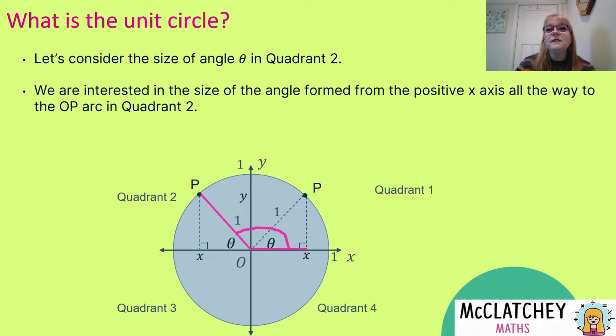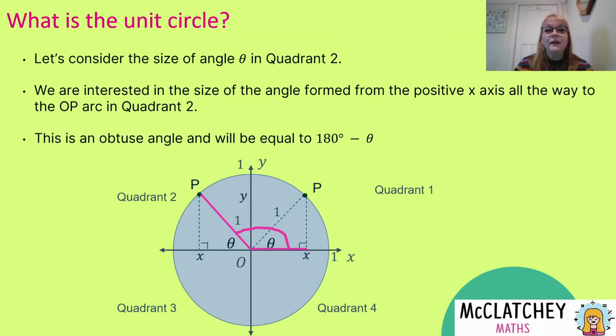We want to know what is the size of that angle. It's going to be equal to 180 degrees less theta, and that's because that x-axis here forms a straight line of 180 degrees. Take away this angle theta here will give us this angle here. So that's a nice easy way to remember it.